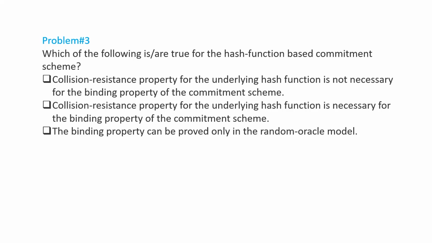And the binding property ensures that whenever there is some commitment C generated from message M using some randomness R, then there should not be another pair M dash and R dash, M dash some other message and R dash some other randomness, such that M dash and R dash by the commitment algorithm map to the same commitment C. So this is just similar to the collision resistance property of the hash function.